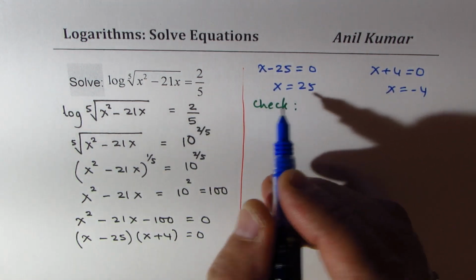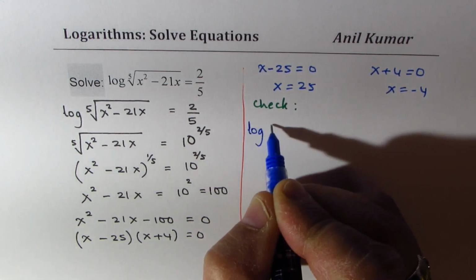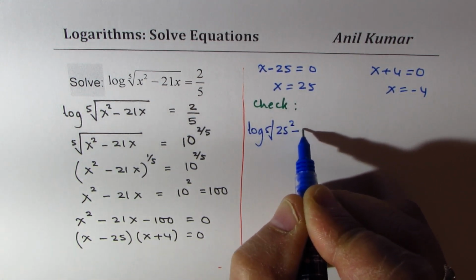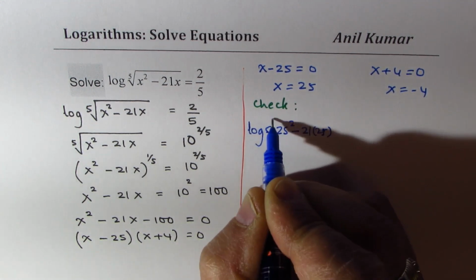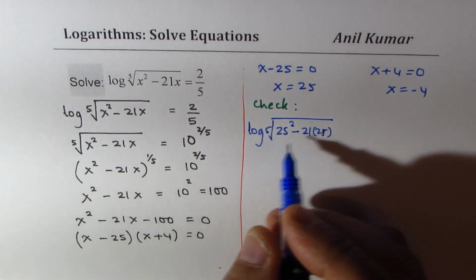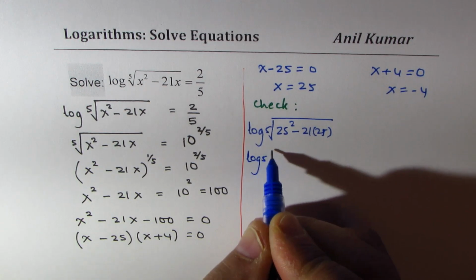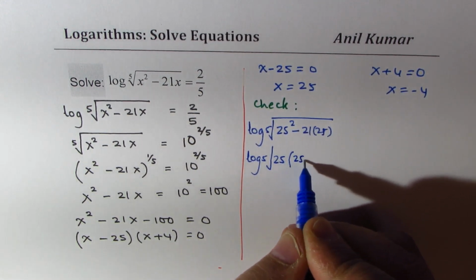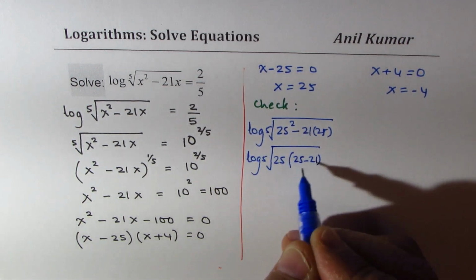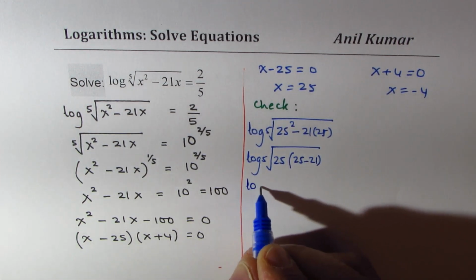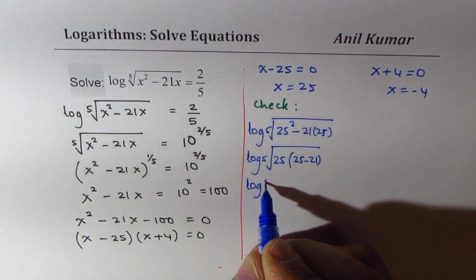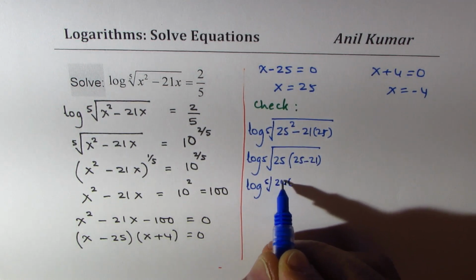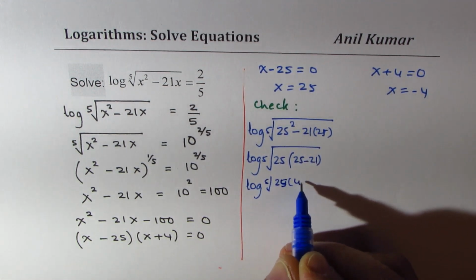So if I check with 25, we have log of the fifth root of 25 squared, which is 625, minus 21 times 25. We could take 25 common and then work it out. So log of the fifth root of 25 times (25 minus 21), which is 4, as you know. So we have 25 times 4, which is 100.